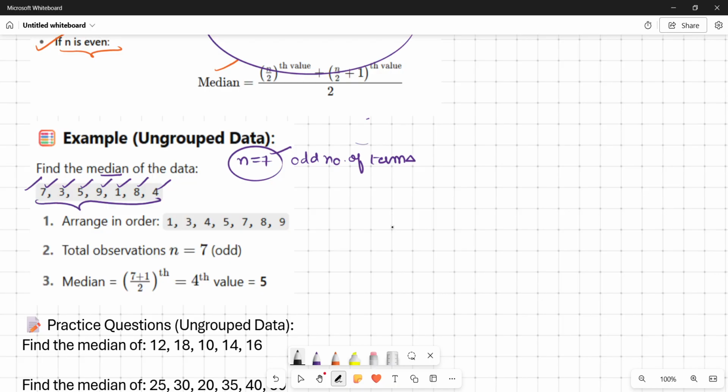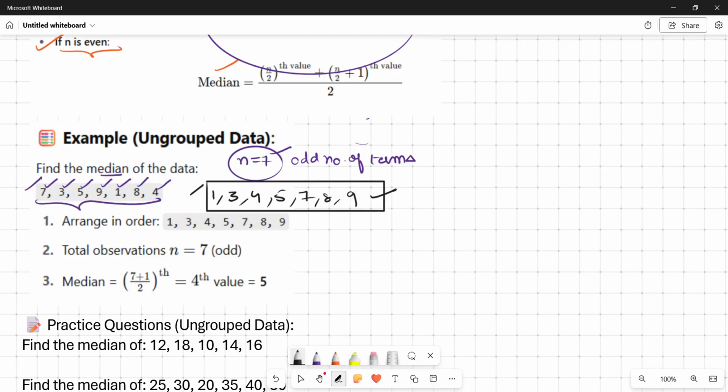So see, the smallest term is 1, then we have 3, then 4, then 5, then 7, 8 and 9. So this is the series that will be formed if we sort the data in ascending order.